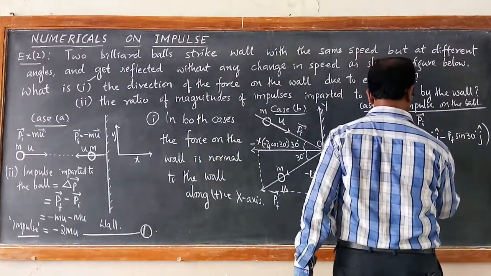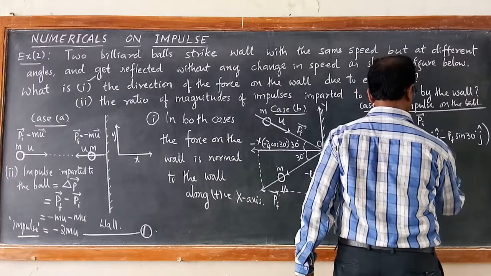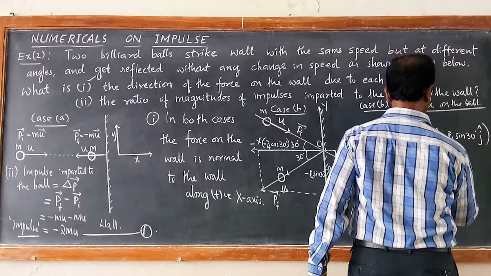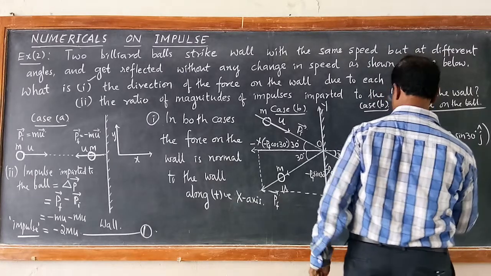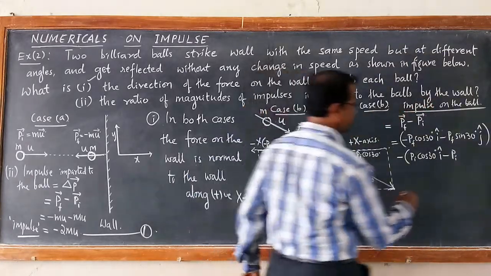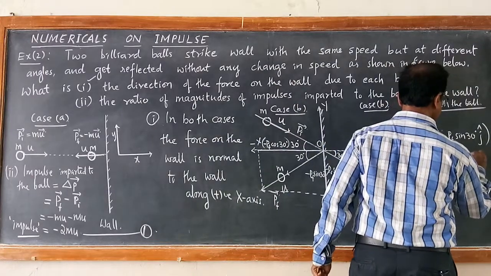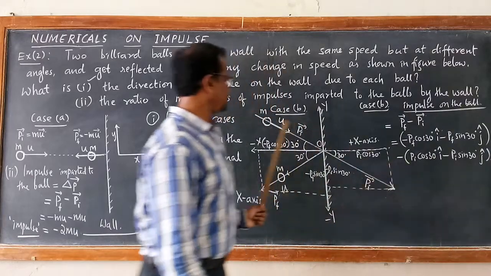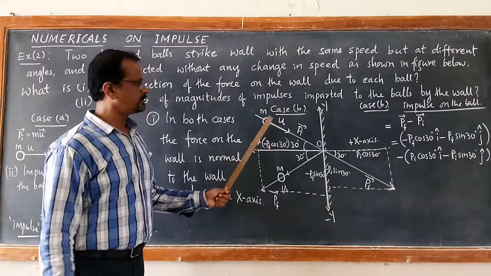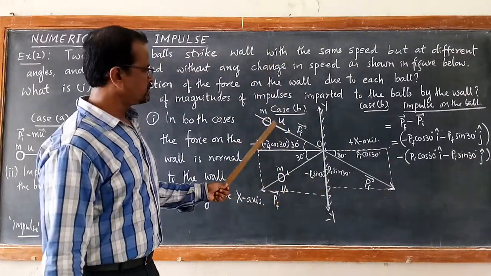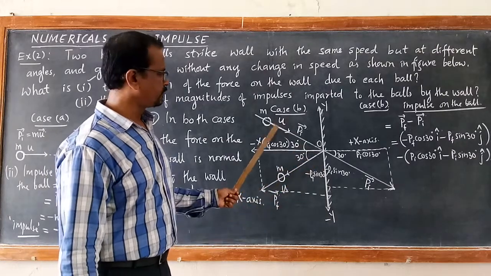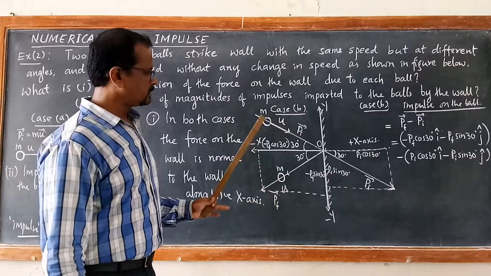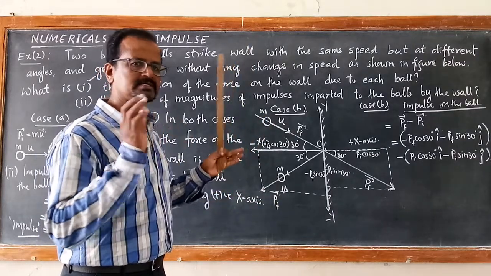Pi cos 30 i cap minus, Pi sin 30 j cap is the y component. Now in the given problem, the speed remains the same before hitting the wall and after getting reflected from the wall, the speed u remains same.